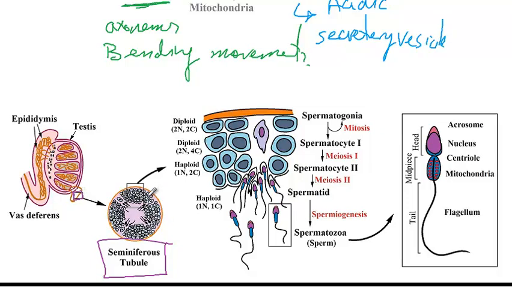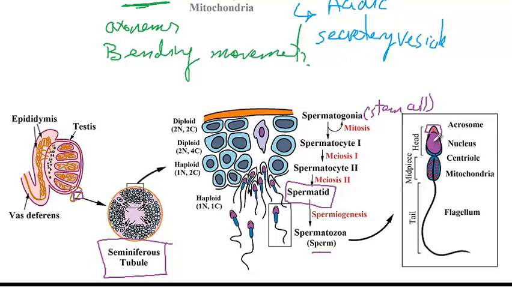It's inside the seminiferous tubules that spermatogonia, which is our stem cell, will undergo meiosis 1 and meiosis 2 in order to yield spermatids. And then spermatids will undergo spermiogenesis in order to produce a mature spermatozoa or sperm, which is now capable of fertilizing an egg.